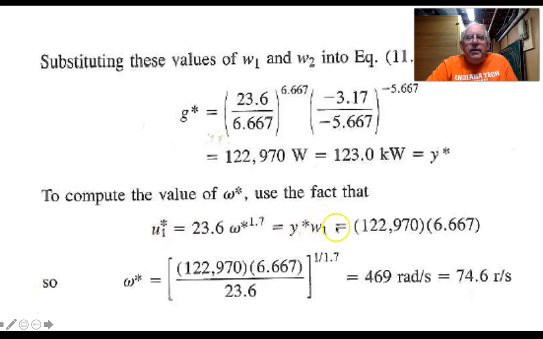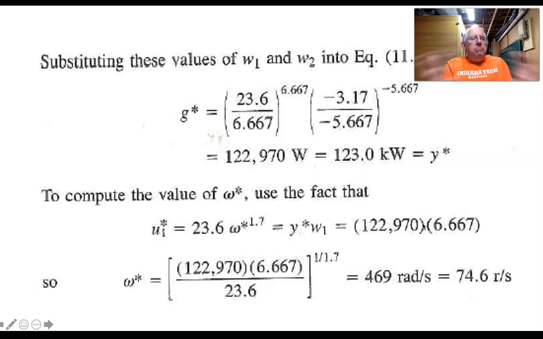Again, taking the 6.67 times the Y star and solving this, we can solve for W, the omega at the starred condition, and we find that it is 469 rads per second, or revolutions per second, depending on how you want to look at it. So 469 rads per second is the rotational speed at which the maximum power occurs.